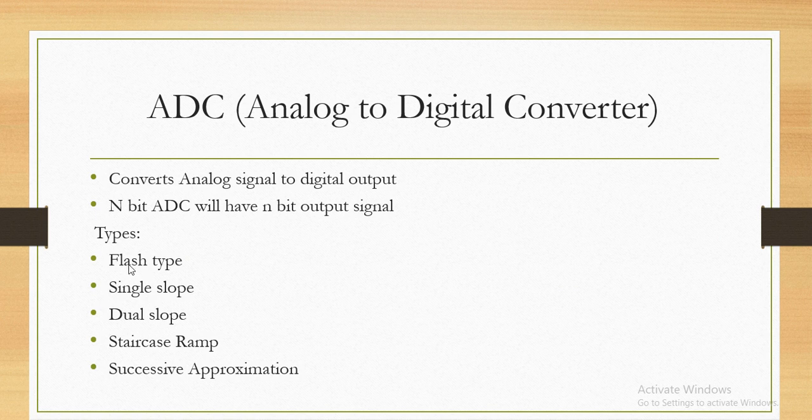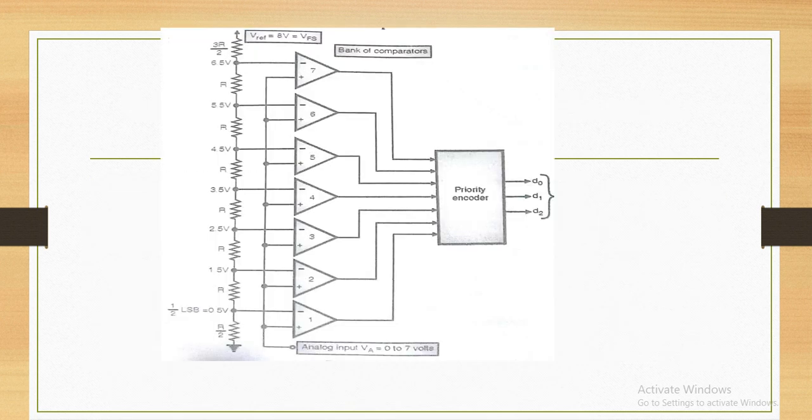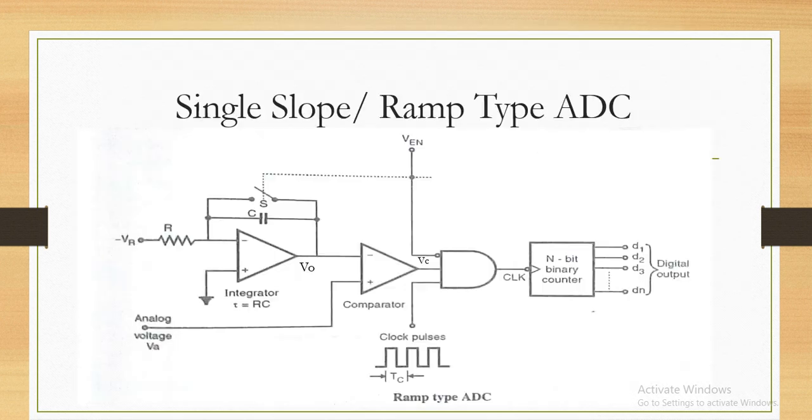We have completed flash type and successive approximation, which are very famous, and these middle three are remaining, single slope, dual slope and staircase RAM, that we will see in upcoming lectures. In next lecture we will start with single slope RAM type of ADC.